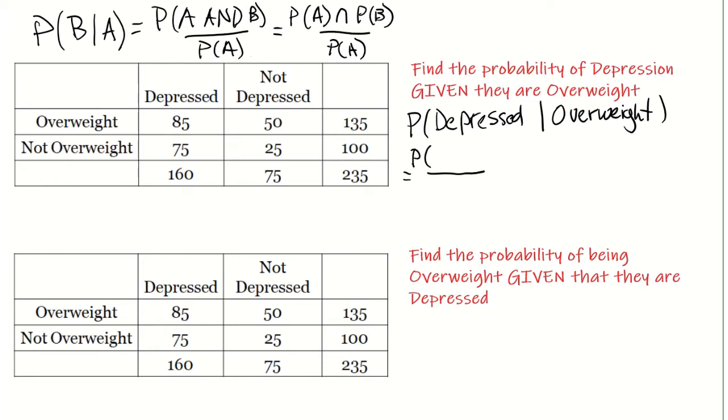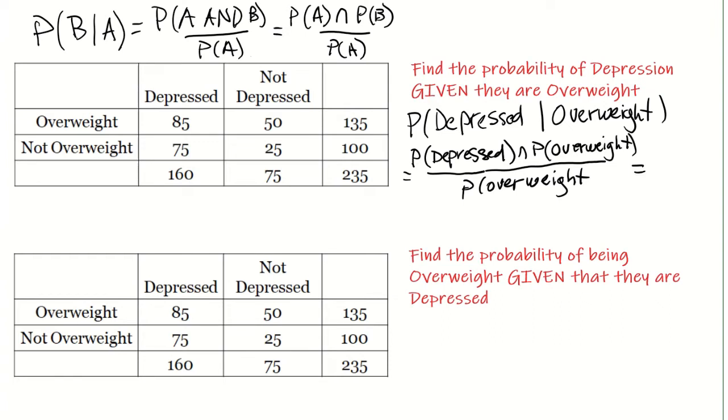We're looking for the probability of the intersection of depressed and overweight divided by the probability of overweight. So we're going to do the denominator first.